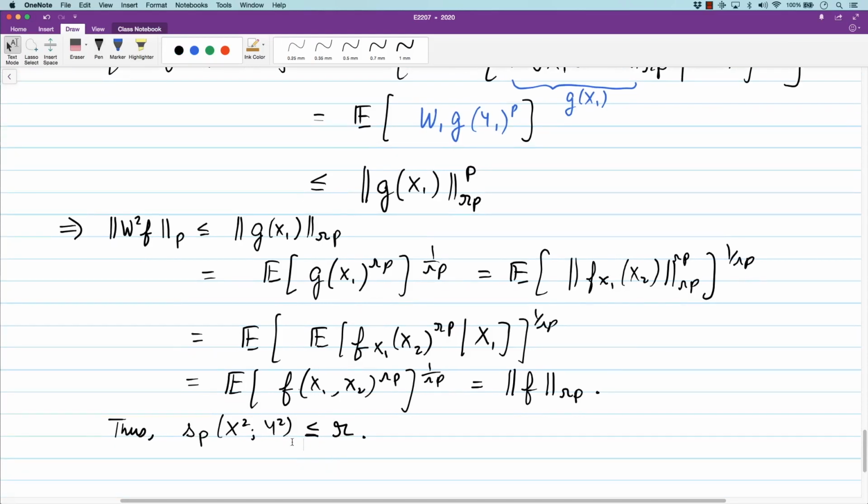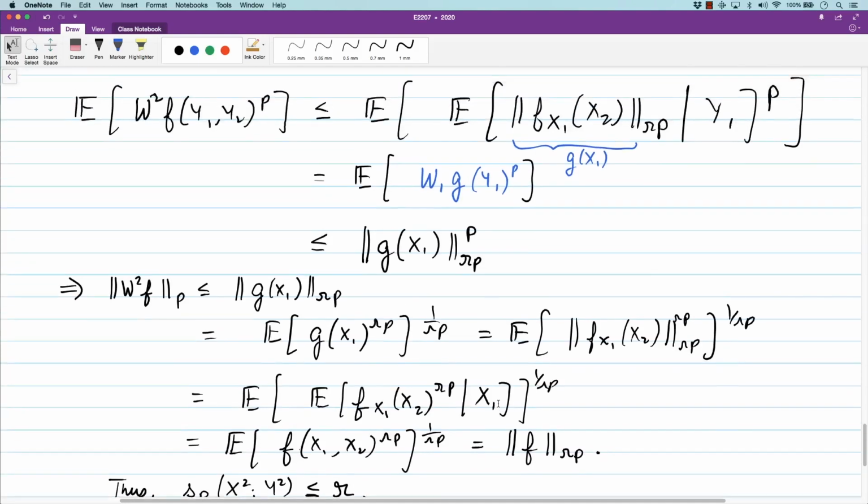And indeed SP of x2 y2 must be greater than or equal to r, because we can consider functions which depend on just one coordinate, and for them the best hypercontractivity coefficient will equal the hypercontractivity for that coordinate. So SP x2 y2 must be greater than or equal to the max of SP x1 y1 and SP x2 y2. So this must be equal to r.